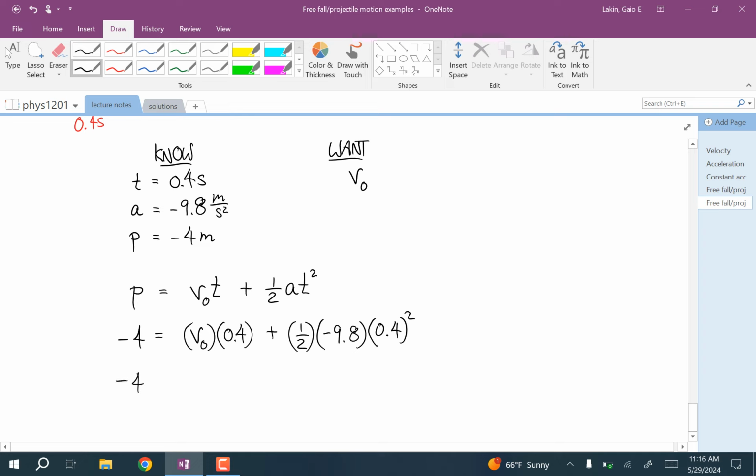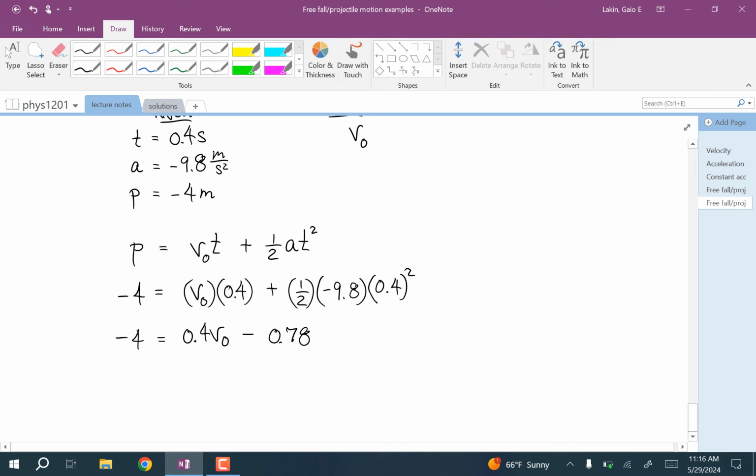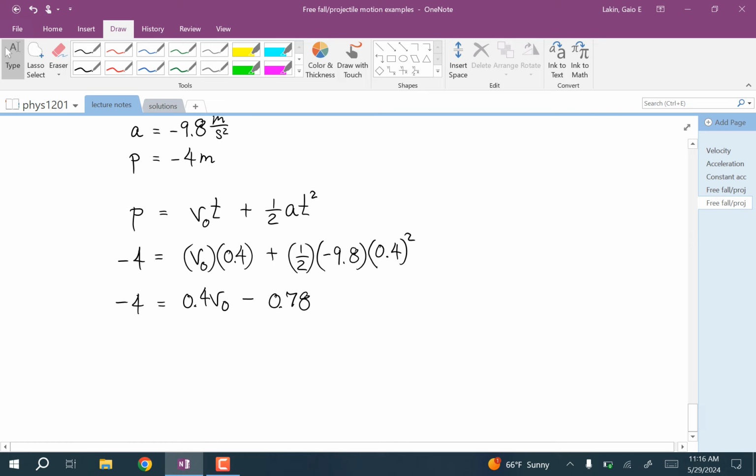So negative 4 is equal to 0.4 v0 minus, if you multiply out this term, 0.78. And so if we add positive 0.78 to both sides, we have negative 3.22 is equal to 0.4 v0.